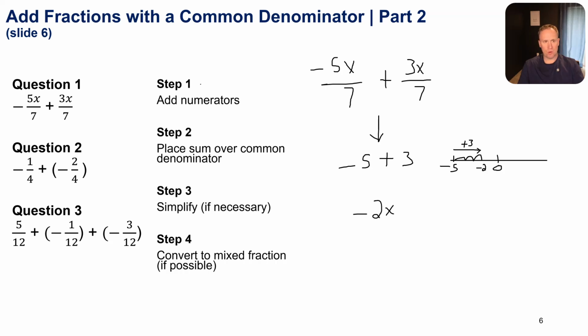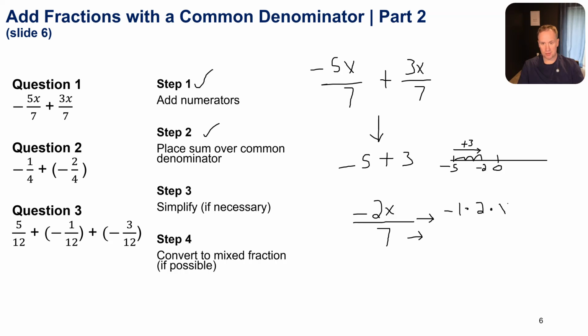That's step number 1, adding our numerators. Step 2 then, we place the sum over a common denominator, which is 7. Now in this case, 2 and 7 also do not have a common factor. If I was to rewrite my common factors, really this is going to be equal to -1 times 2 times x.